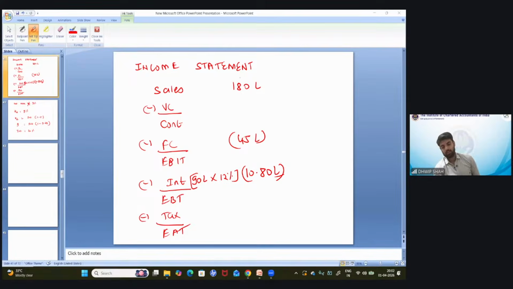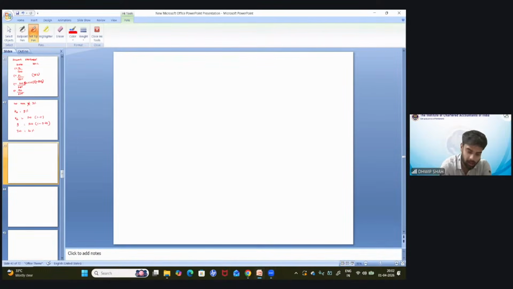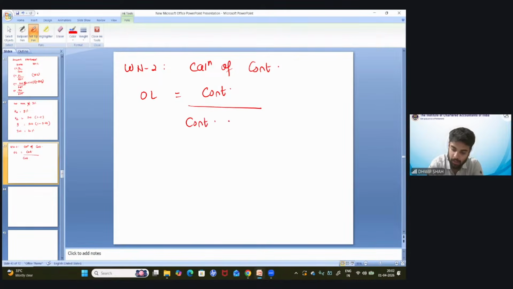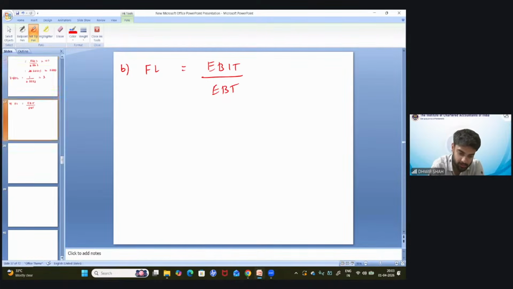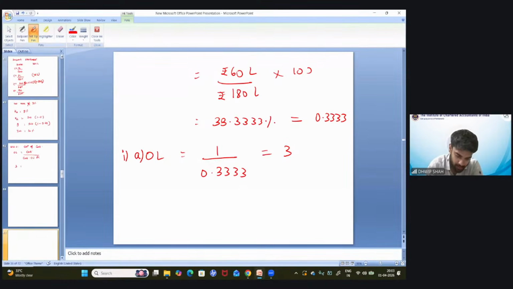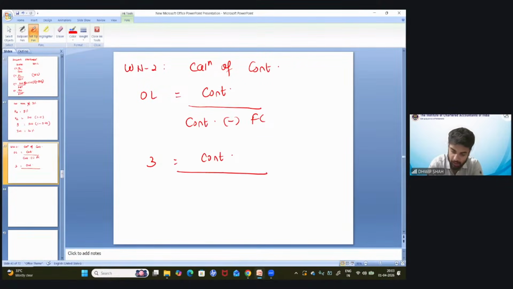Okay. Since I have operating leverage of 3 and fixed cost of 45 lakh, I can find the contribution, and from it EBIT. How? From a working note. Working note 2, calculation of contribution. OL is nothing but contribution upon EBIT. EBIT I can also write as contribution minus fixed cost. OL we just calculated above, OL was 3 times. So 3 is equal to contribution divided by contribution minus fixed cost of 45 lakh.